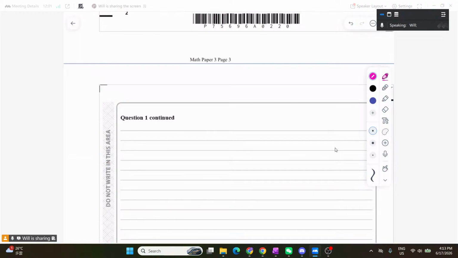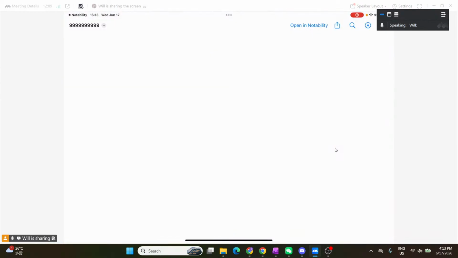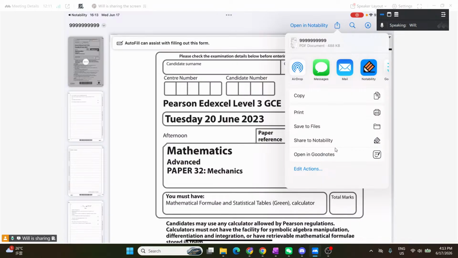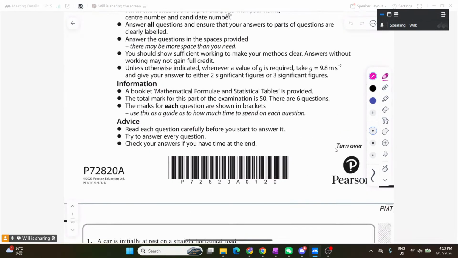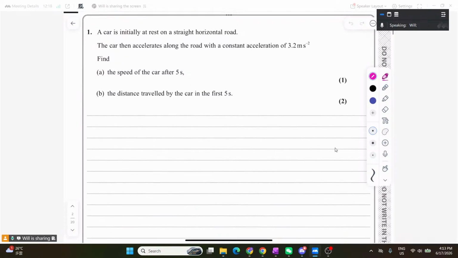Let me make sure. This paper is about mechanics, for 2023. We analyze every single moment, and we need to work quickly to get the answer and finish the response.